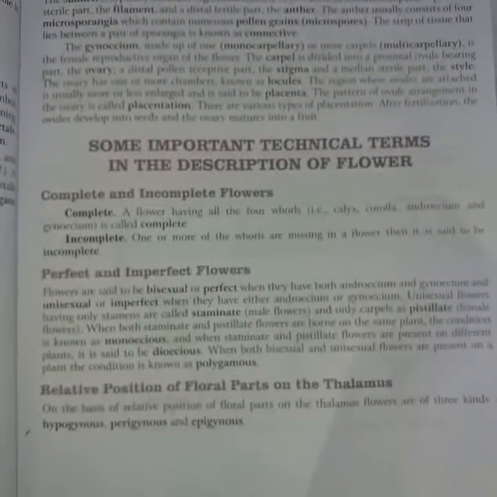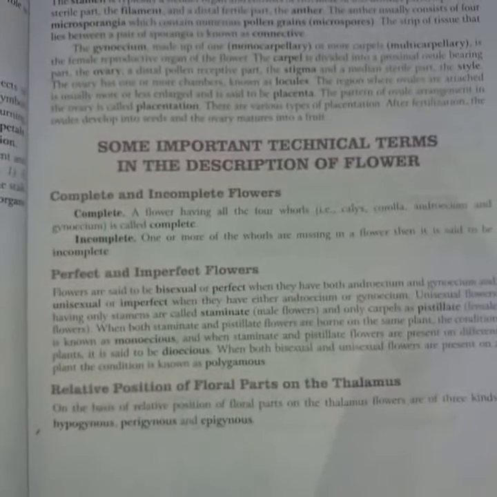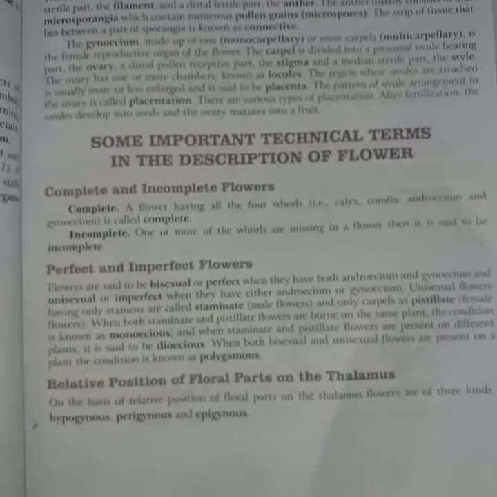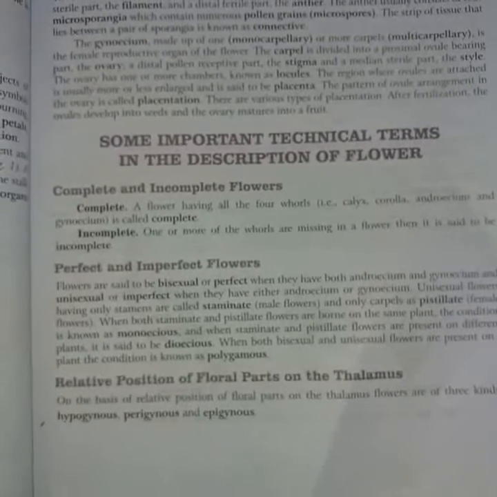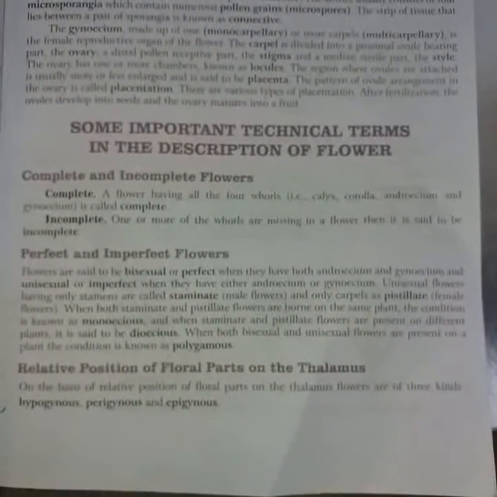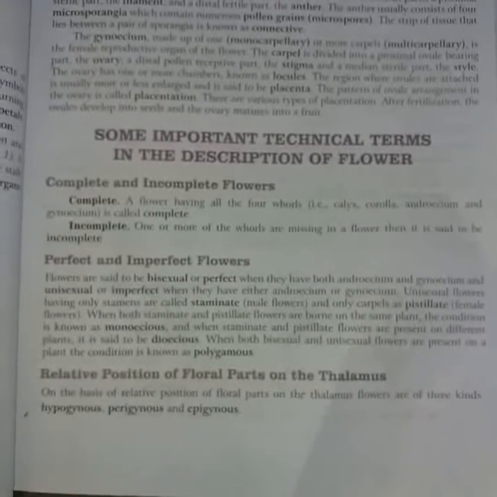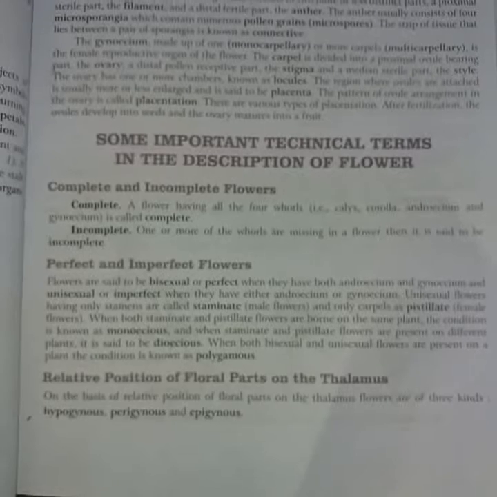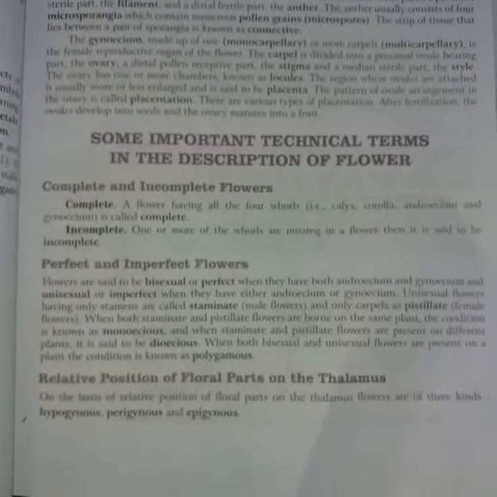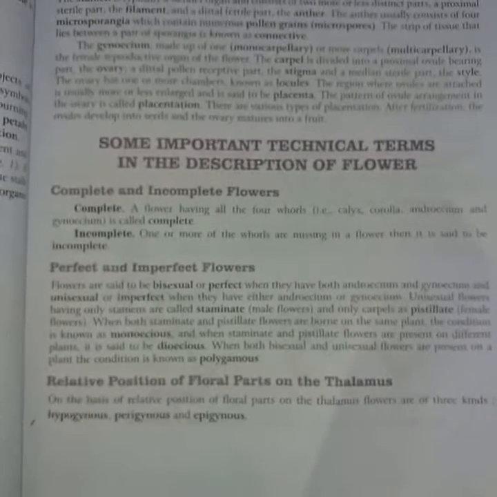Thalamus is the part of the flower which arises from the stem, the connective link of flower and stem. On the basis of relative positions of floral parts on the thalamus, flowers are of three types: hypogynous, perigynous, and epigynous.